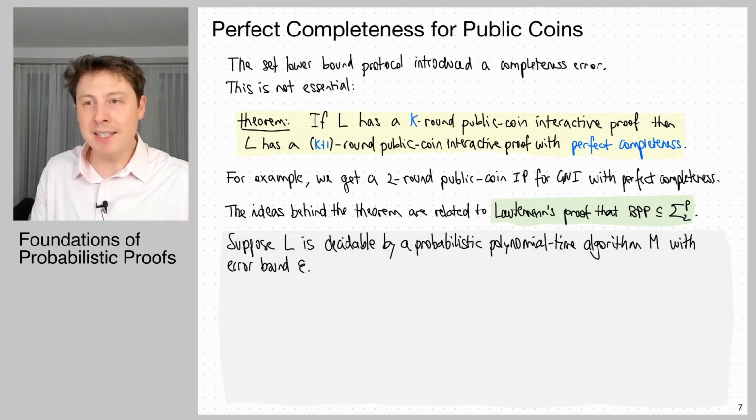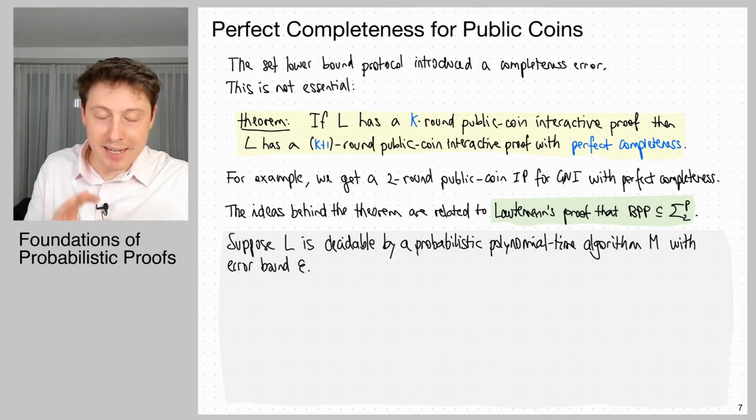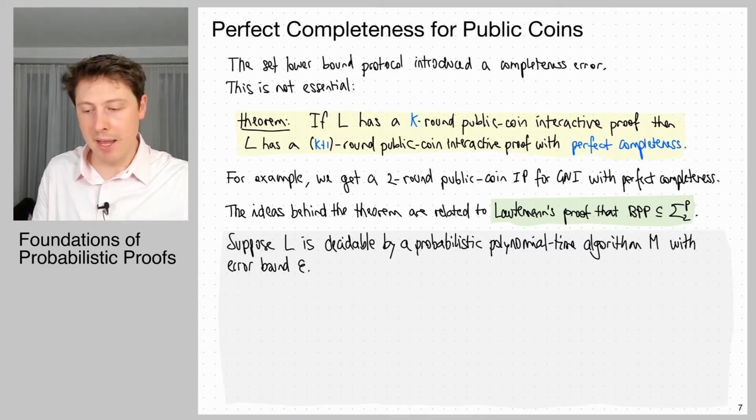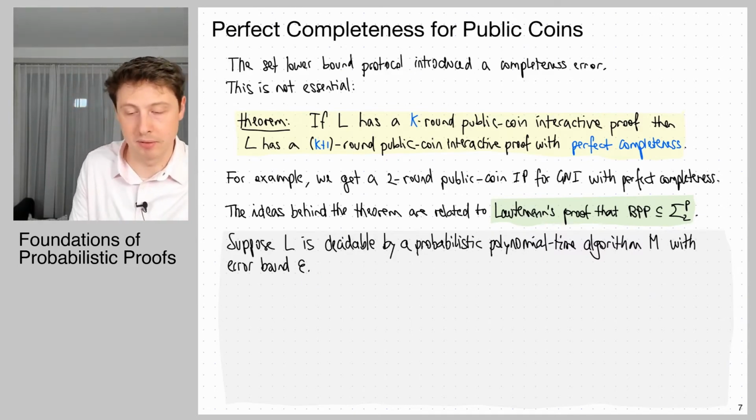It means that in the yes case, the algorithm M says yes with probability at least 1 minus epsilon, and in the no case, the probability that the algorithm says yes, that's a mistake, is at most epsilon. So the error on both sides is bounded by epsilon, all right?